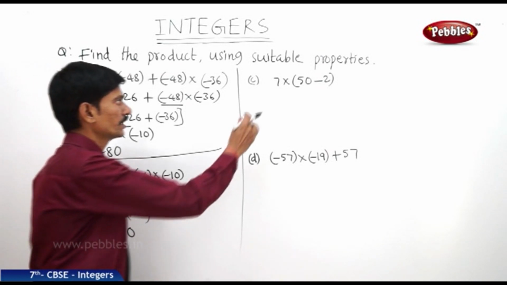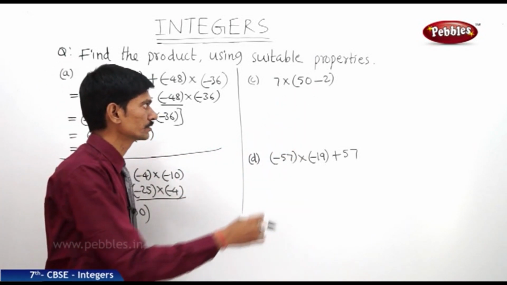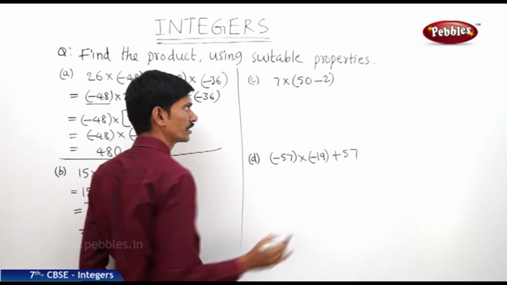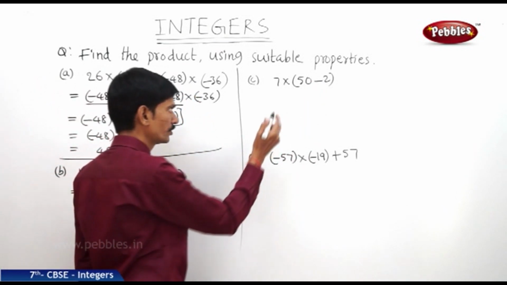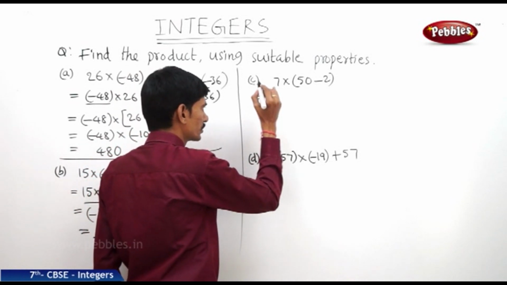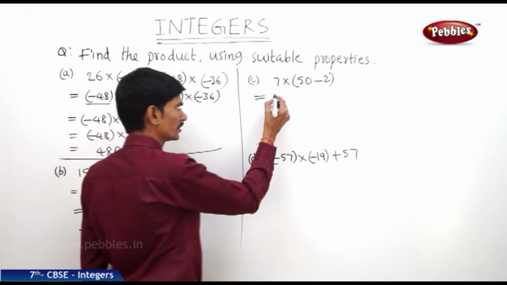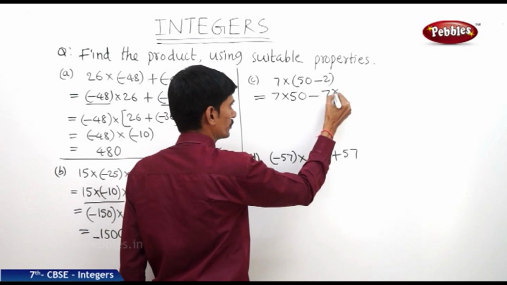Next, 7 into 50 minus 2. So here actually we can subtract 50 and 2, means 50 minus 2 is 48. Then again 7 is multiplied by 48. So instead of doing that, we can use distributive property of multiplication over subtraction, then we get 7 into 50 minus 7 into 2.